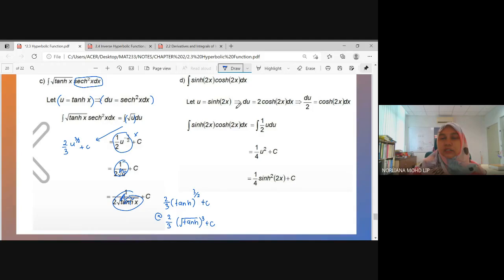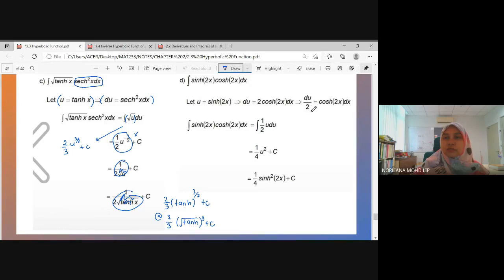Okay, D. Sometimes you can try and error. Let, we can let cosh too if we want. Let u. So we get this answer. Find du in terms of x.